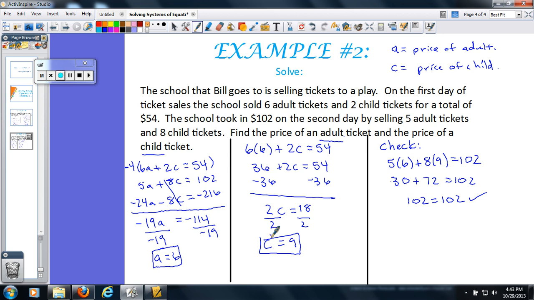So let me erase the little box so that I can add it on to the answer. Your answer would be A equals $6 and C would be $9, and I guess I didn't need to erase those.